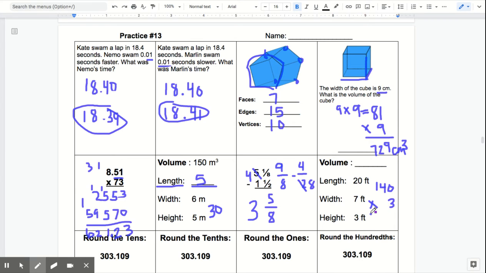If you want to just count up, that works too. 3 times 0 is 0. 3 times 4 is 12. 3 times 1 plus 1, so it's 420. 420. And the label would be feet cubed because you multiplied 3 different things.